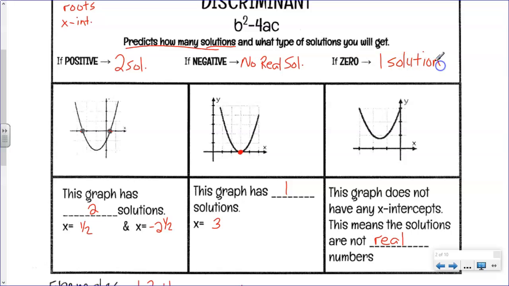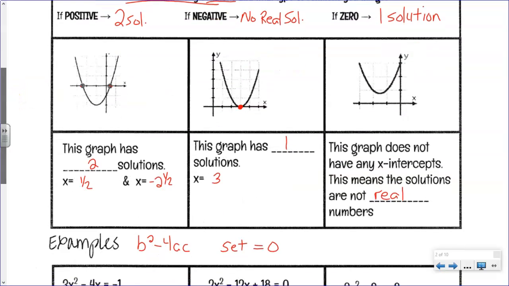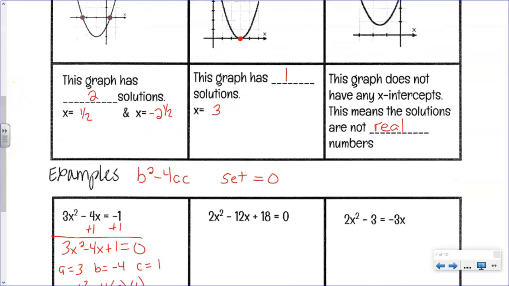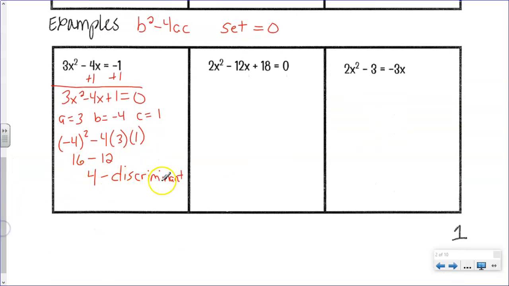So whatever the discriminant, positive 2, negative none, 0, 1. These are real, these are not real. Okay, so let's go back down. 4 is positive, so that means I'm going to have two real solutions. So two solutions, and these are going to be real.